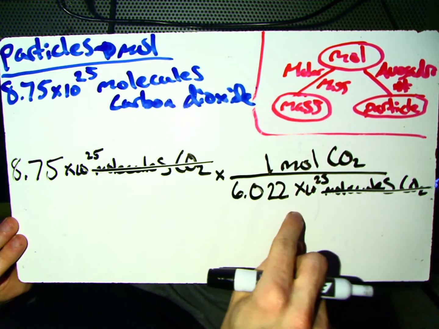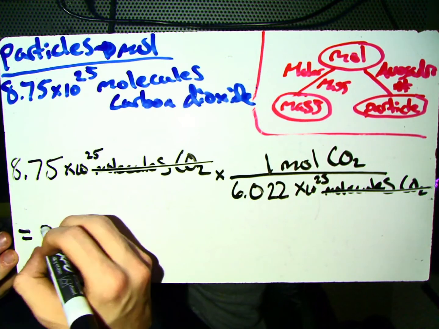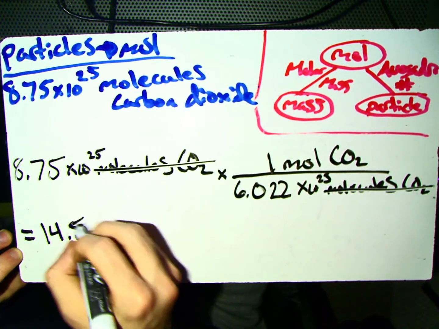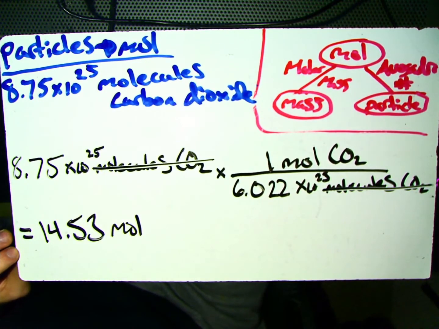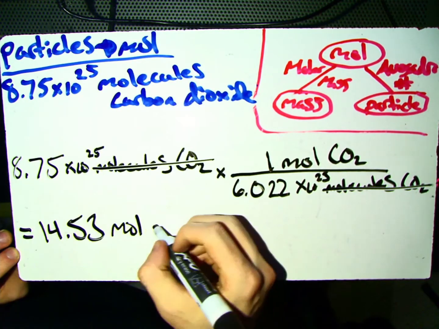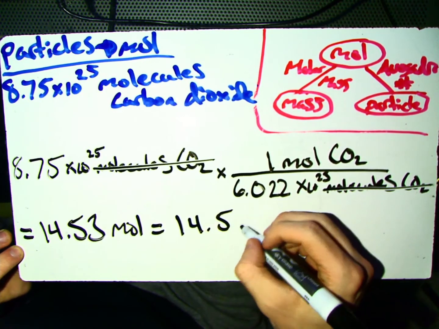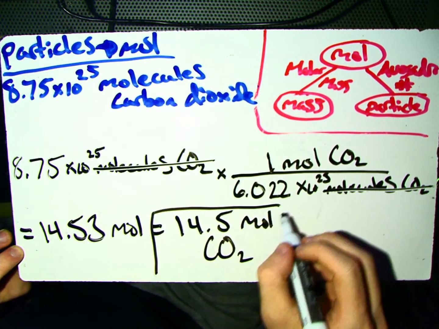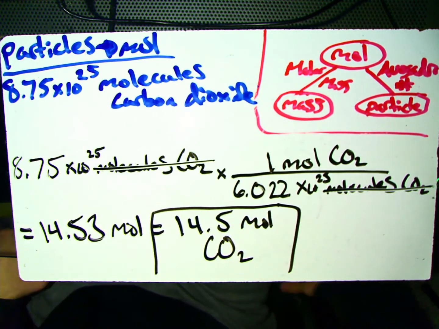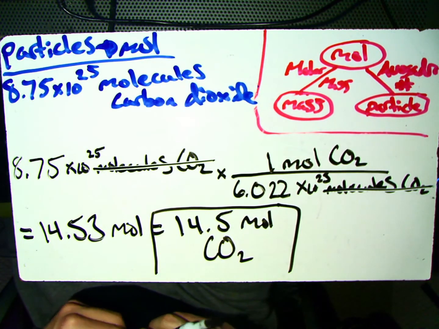If you plug this into your calculator, you should get 14.53 moles. We need to account for sig figs. Least number of sig figs here is 3. So our real answer is 14.5 moles of CO2. Right? We're saying that 8.75 times 10 to the 25 molecules of carbon dioxide equals 14.5 moles of CO2.